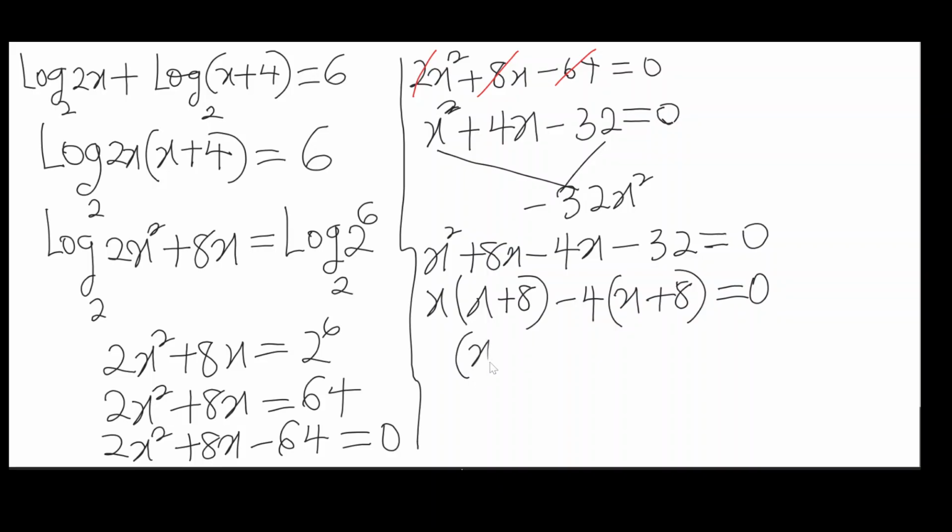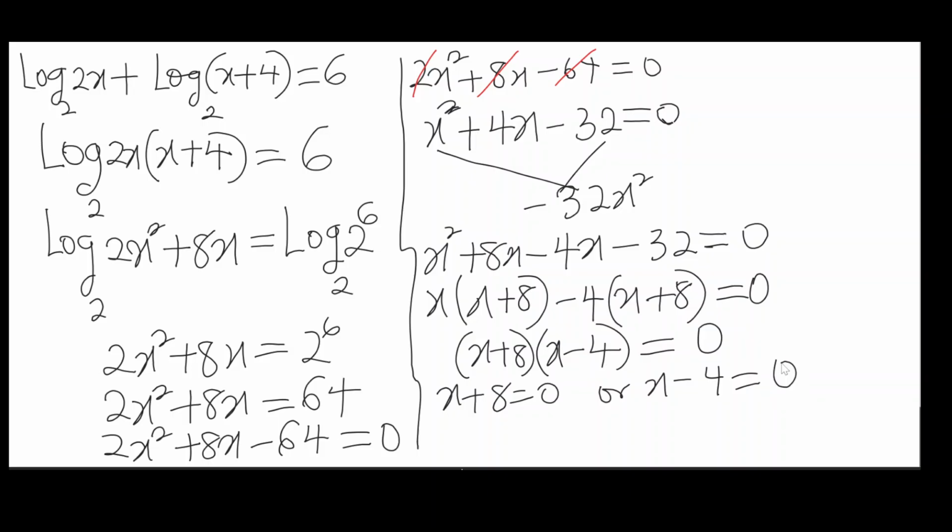So I have x plus 8, and I'm picking x and minus 4 outside there, and we have x minus 4 equals 0. And from here it's easy to see that either x plus 8 equals 0, or I say x minus 4 equals 0.